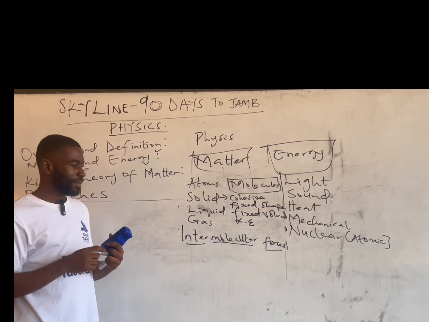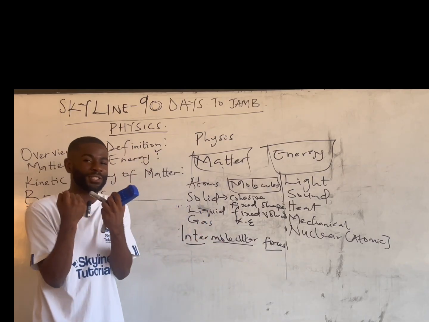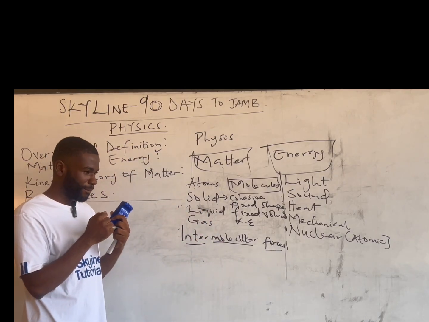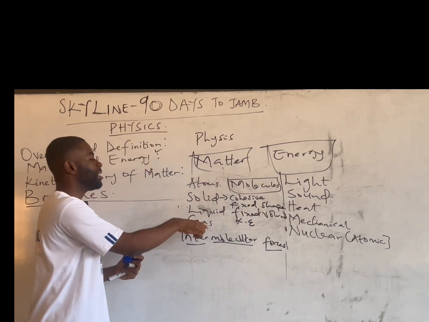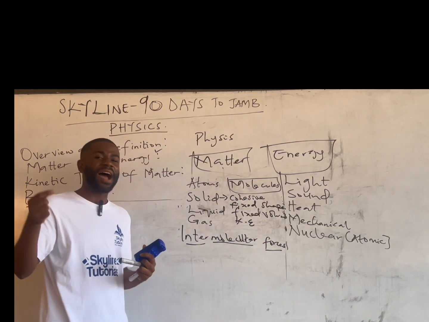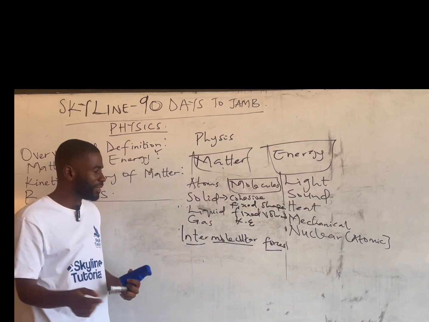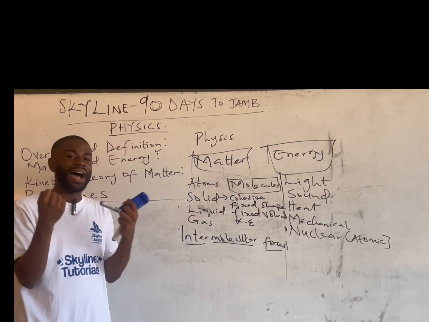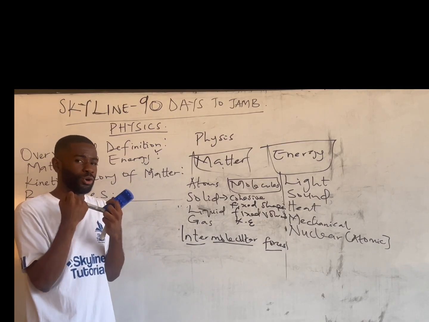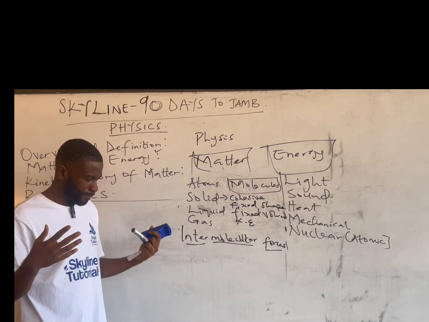We have earlier stated that solids have strong forces that bind them together. The kinetic energy found within the molecules of a solid is lesser than in the other states of matter. The reason is that the forces that bind the molecules together are tight and so strong that they do not allow the molecules of a solid to move freely.